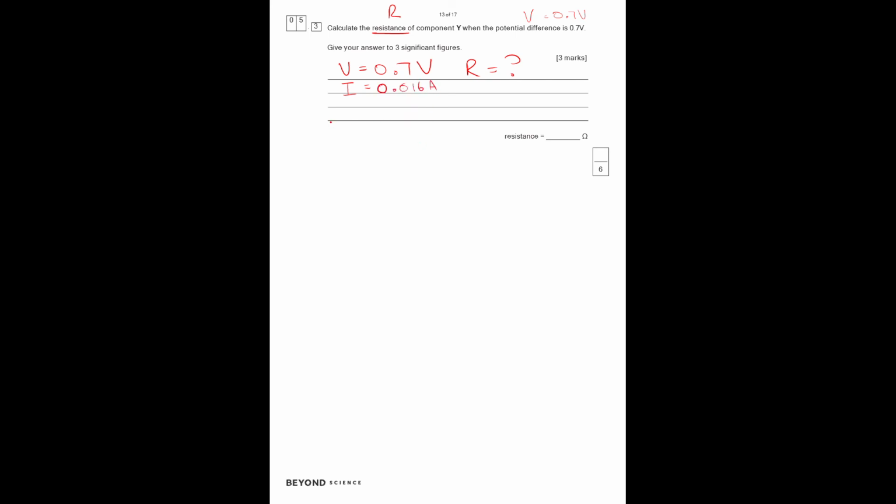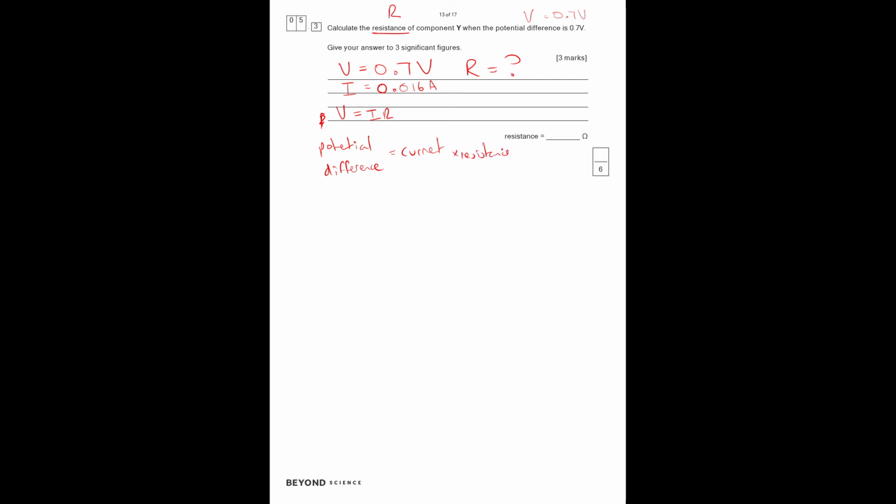What was the equation? Well, another one you need to remember. V equals IR, or potential difference equals current times resistance.